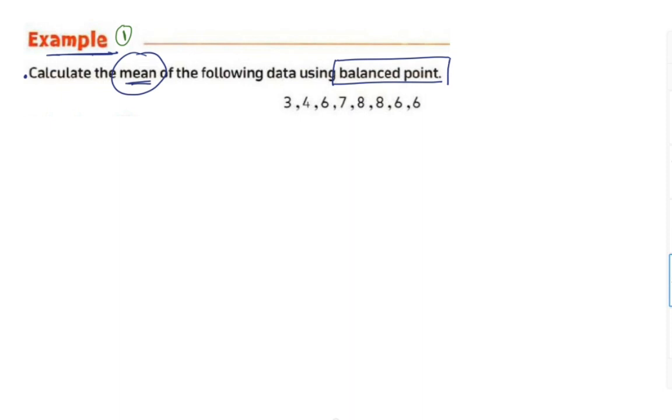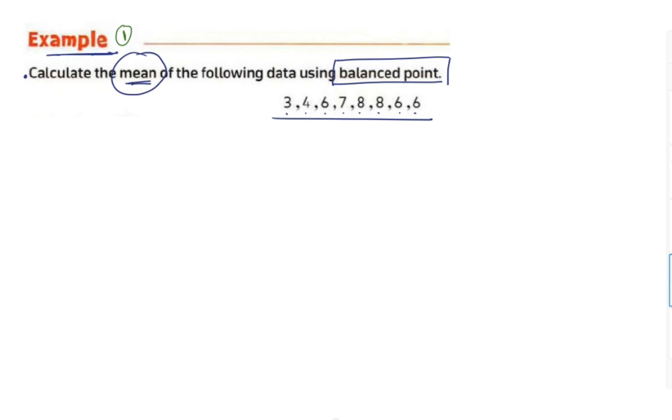Now I have these values: 3, 4, 6, 7, 8, 8, 6 and 6. I need to find the mean value for them using balanced point.